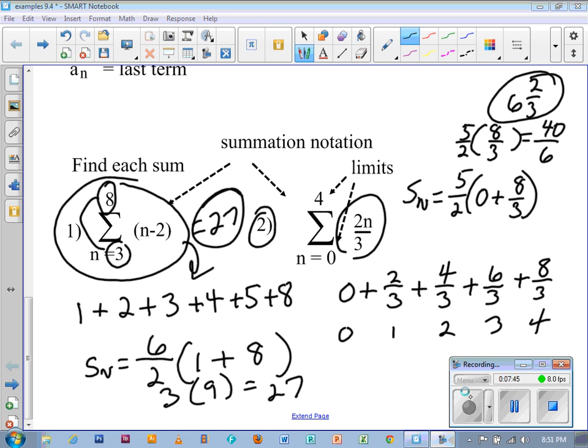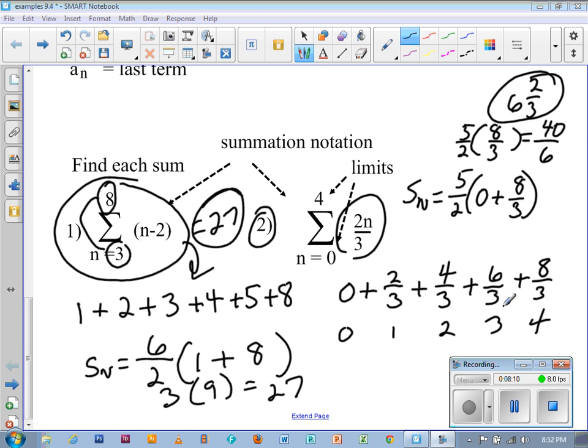Welcome back. Here are the results for this summation notation problem, which represents a series of arithmetic terms. As you can see, this time I put the limits from 0 to 4 underneath, so you can see you're just plugging these into the expression provided. As I did that, 0 became 0, 1 became 2/3, 2 became 4/3, 3 became 6/3.